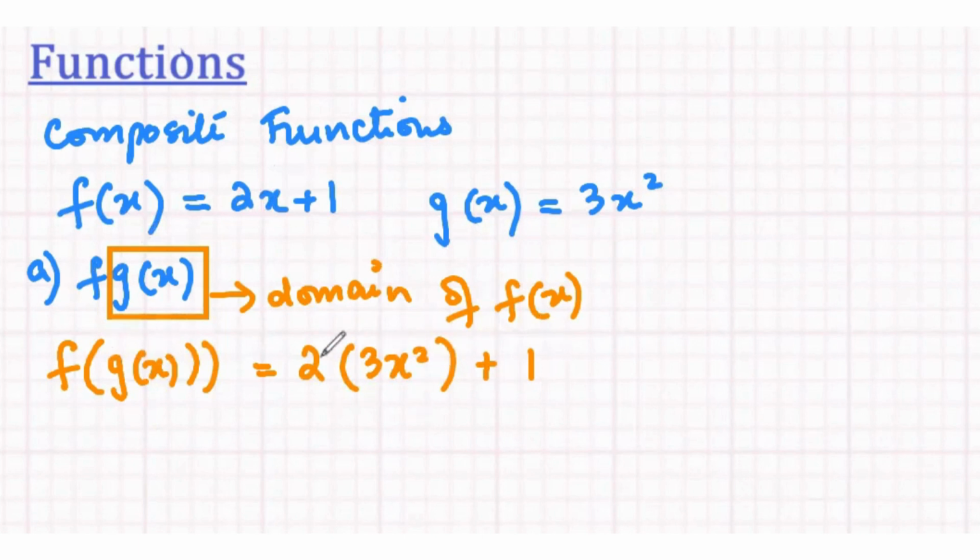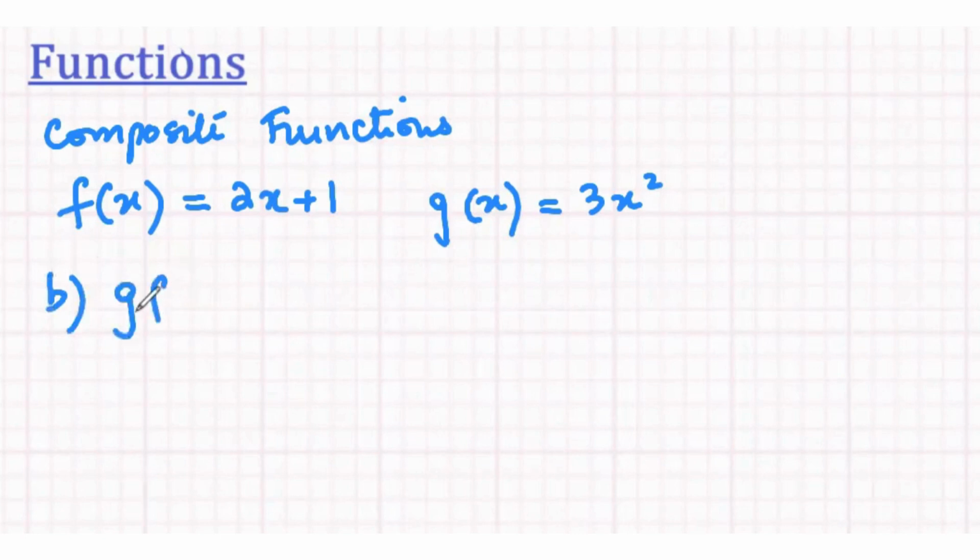So on the right-hand side, it becomes 2 times 3x squared, which is the value of g of x. And that gives us 6x squared plus 1 as our function of f of g of x. So this 6x squared plus 1 is a composite function because we combine two different functions, f of x and g of x. And this composite function is the answer for f of g of x, which is 6x squared plus 1.